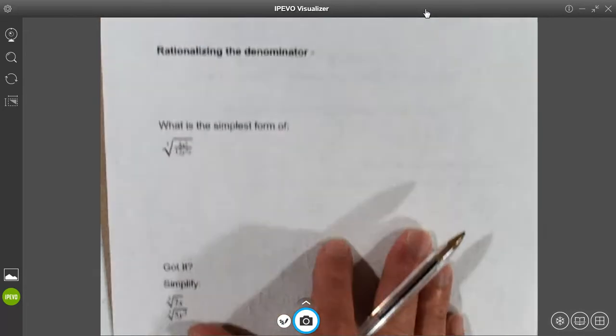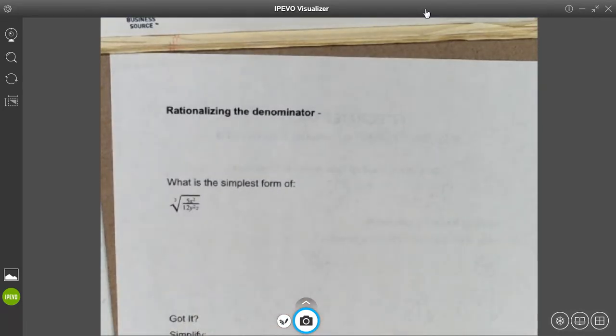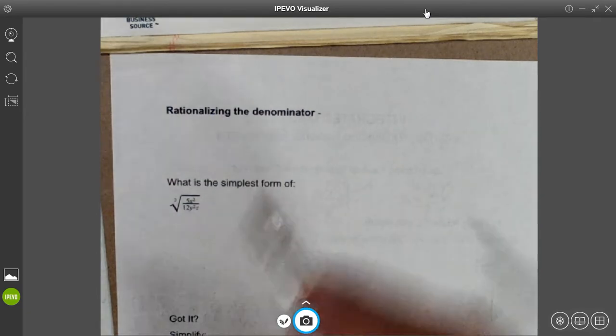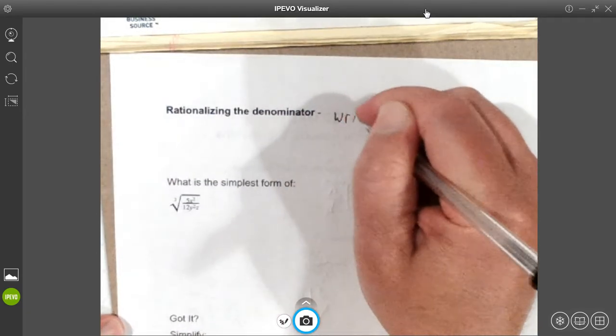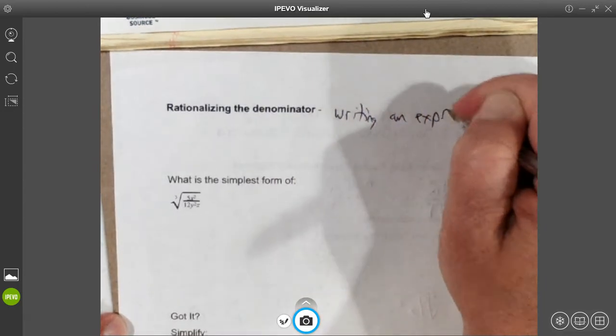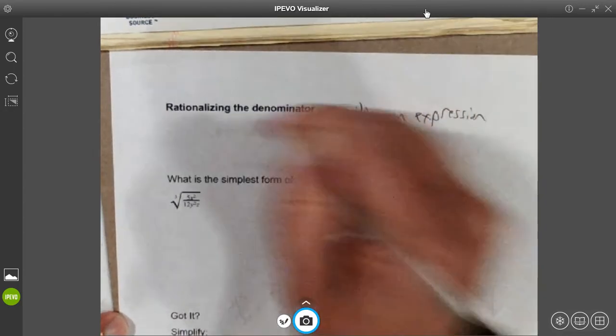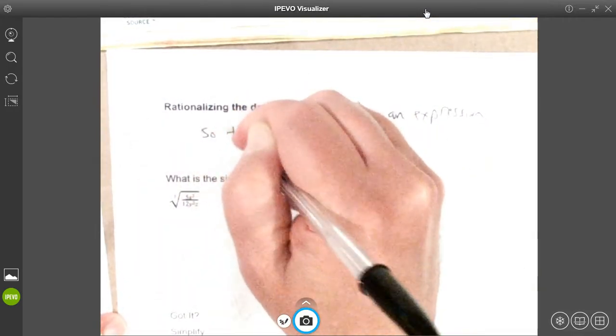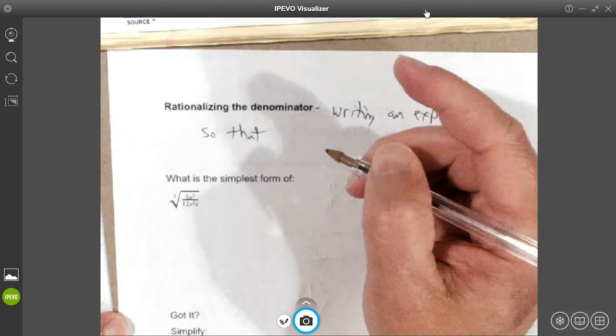Well, this is where we want to do what's called rationalizing the denominator. Okay? And rationalizing the denominator is writing an expression so that there are no radicals in the denominator.